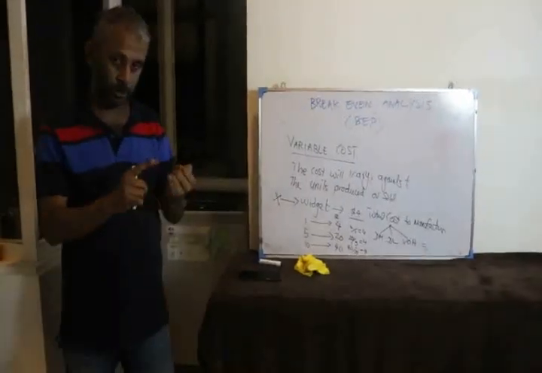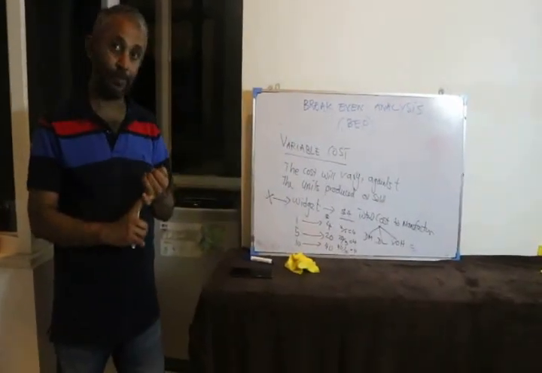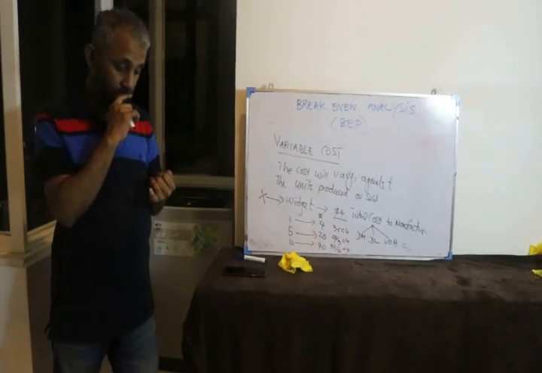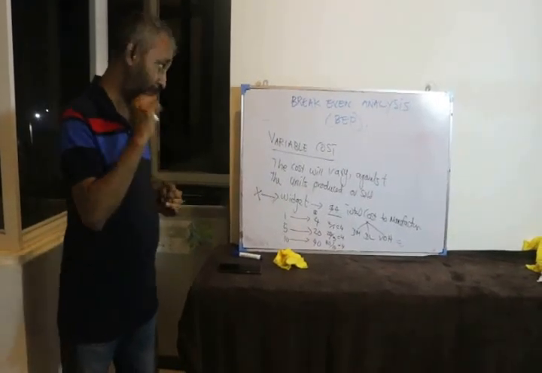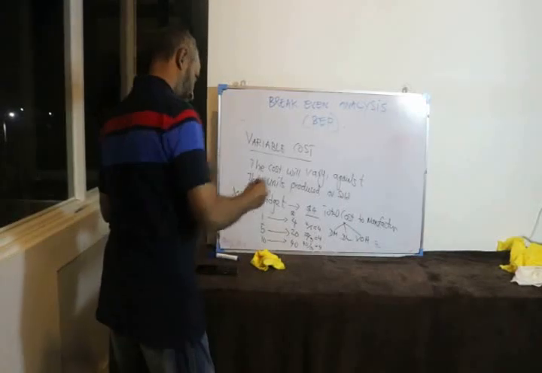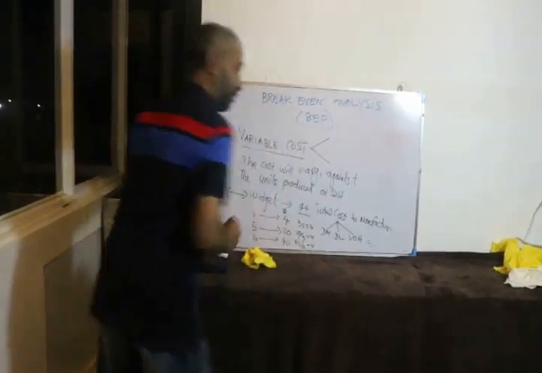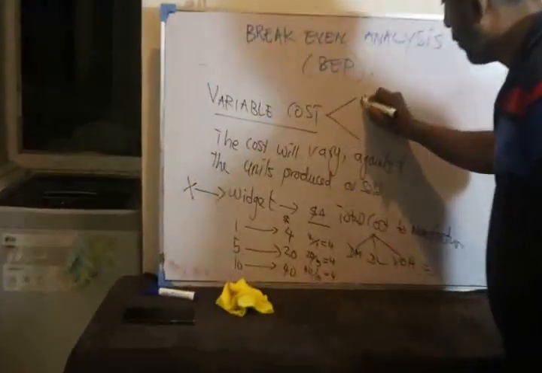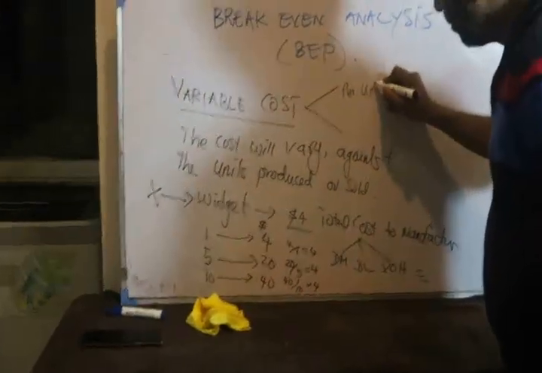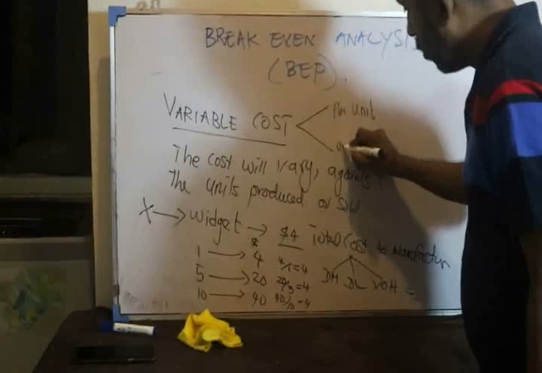So now we understood sales or selling price, variable cost. One more thing on the variable cost. Variable cost also can be on a per unit basis or on total.